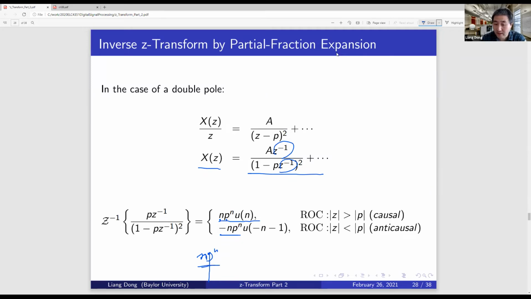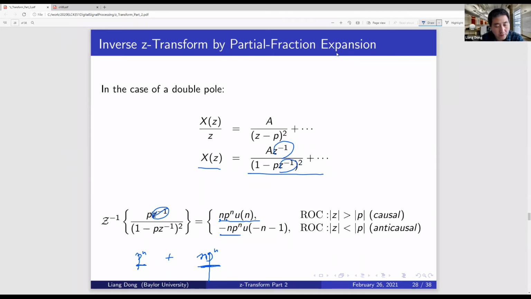Now you remember that I have a first term, which is P to the power n. Where does that come from? Well, that comes from when I solve for the other multiplicity, and I don't have a Z^-1 here, and then we got this first term. If you have something here, the second term is this, you multiply by n. So it matches very well what we understood before for the difference equation.